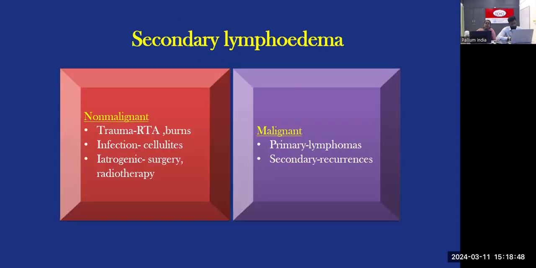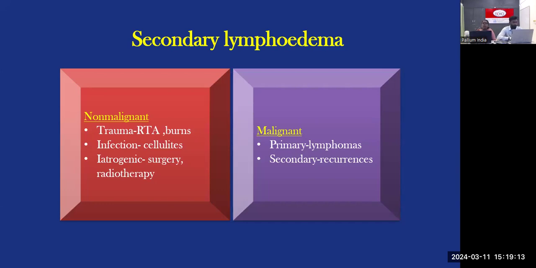So secondary lymphedema is again divided into two, non-malignant and malignant. From this slide, you have to understand that non-malignant patients can also develop lymphedema because of recurrent infection, major road traffic accidents, burns, surgery-related causes, radiotherapy, so treatment-related causes.